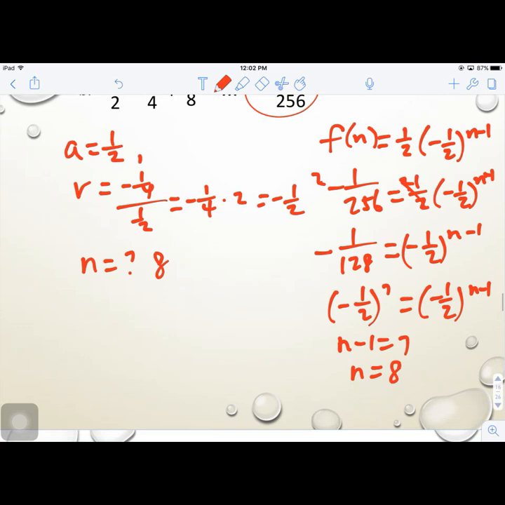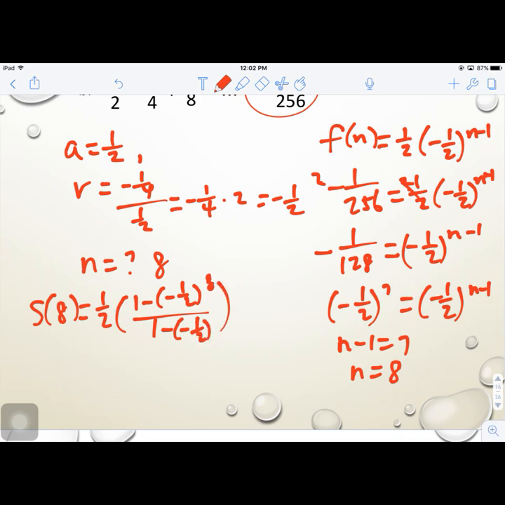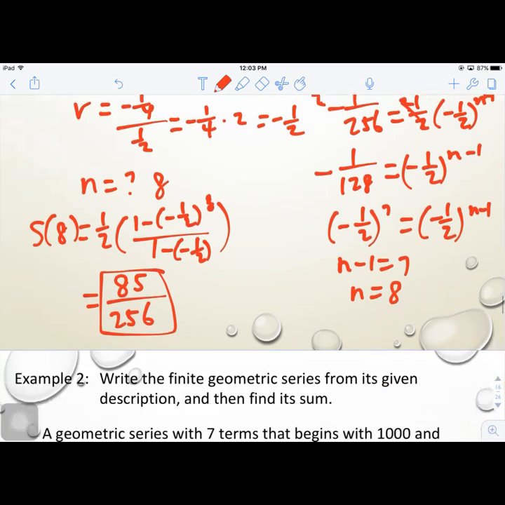So now we can find s of 8, which is 1/2 times 1 minus negative 1/2 to the 8 over 1 minus negative 1/2. And solving everything, putting it in a calculator to help you, or showing your work step by step, you should have an answer of 85 over 256, or you can convert it into a decimal.